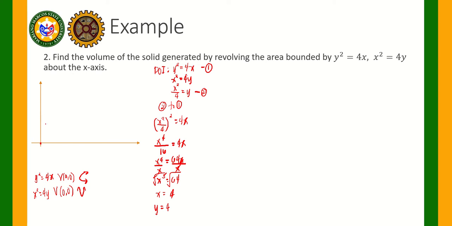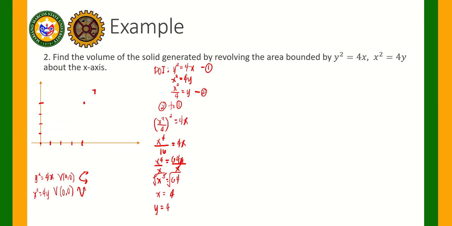Now, for x equal to 4, for example, this is 1, 2, 3, and then 4. Then our x, 1, 2, 3, and 4. So, here the other curve will touch. So, for example, this is our parabola that opens upward.